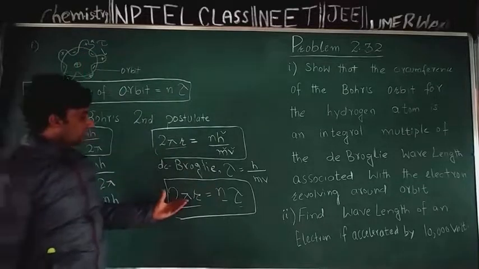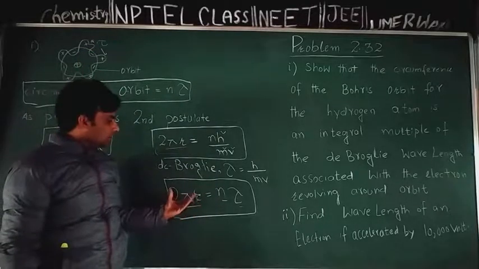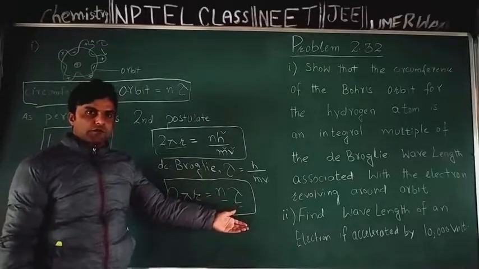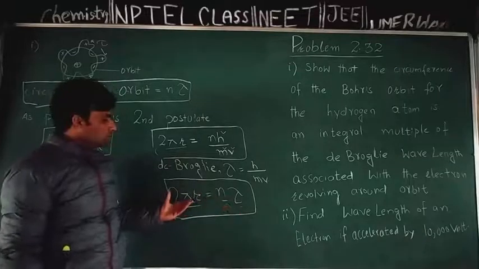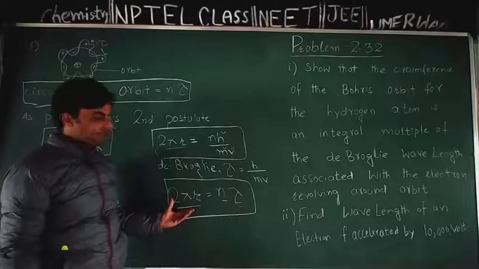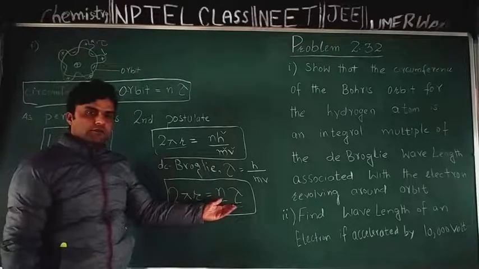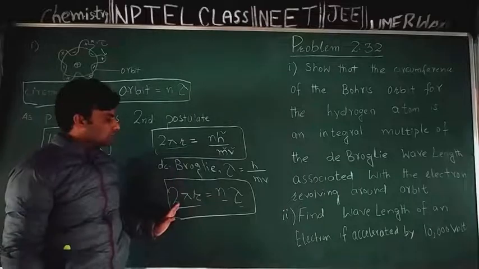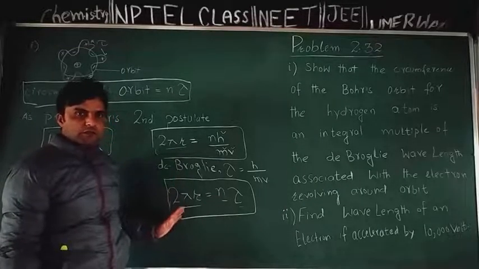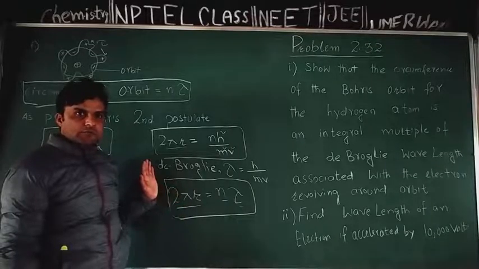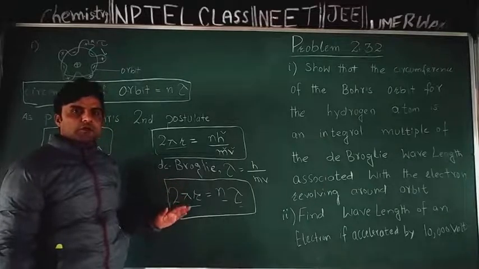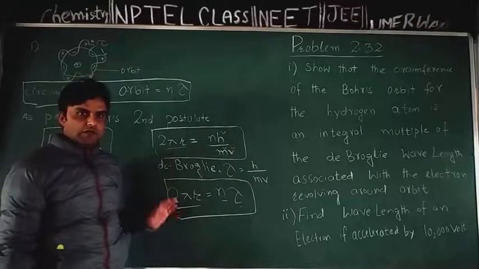When for any orbit circumference of orbit is equal to integral multiple of wavelength, this orbit we will label as fixed orbit or permitted orbit or stationary state or energy level, because angular momentum of electron in this orbit will remain fixed, quantized, and energy of electron in this permitted orbit will remain quantized. I will repeat my words.